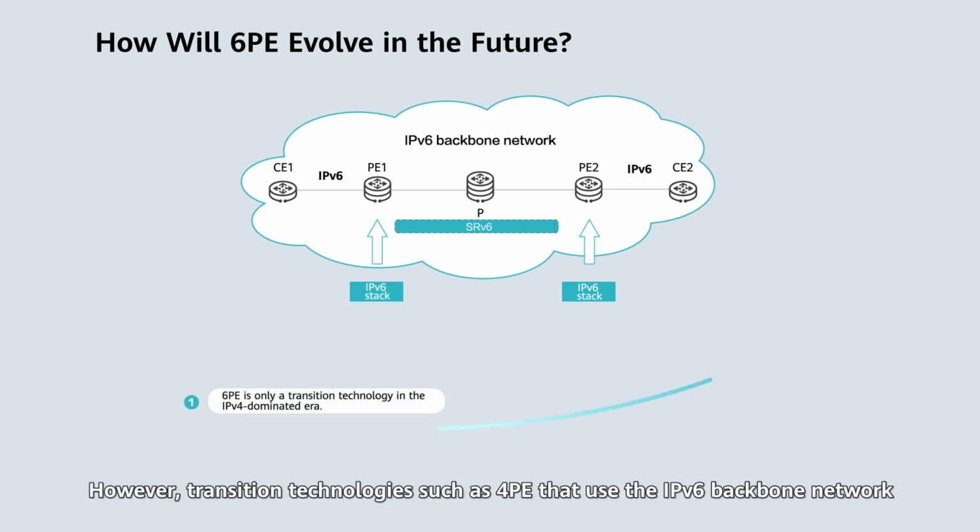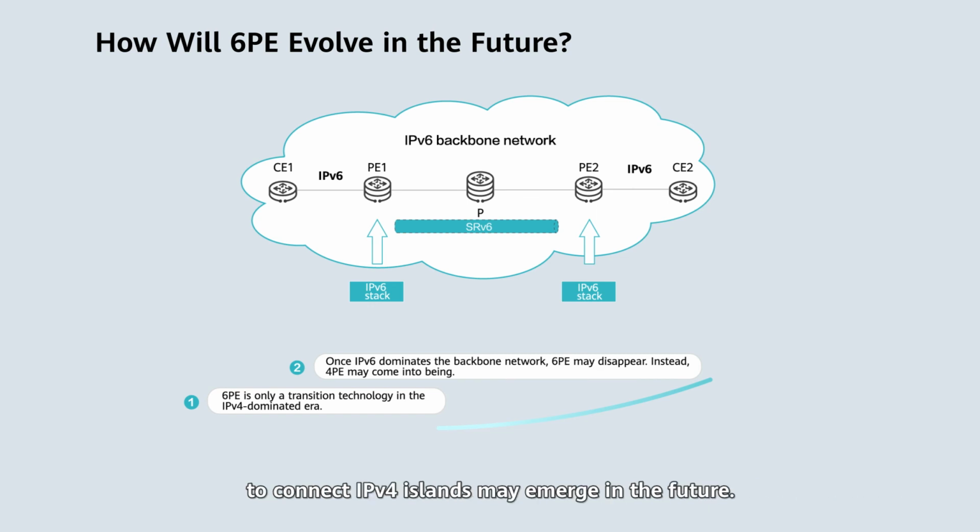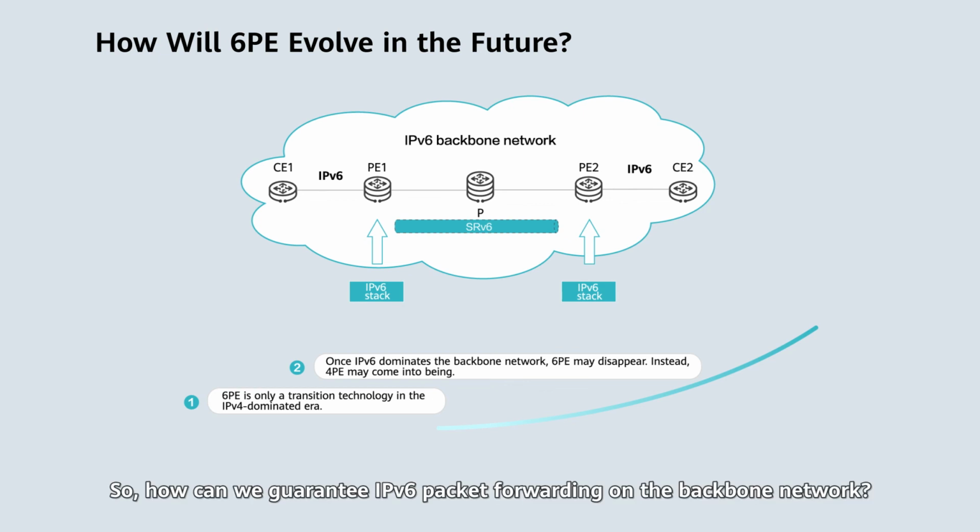However, transition technologies such as 4PE that use the IPv6 backbone network to connect IPv4 islands may emerge in the future. It's difficult to say what will eventually happen. Although IPv6-only communication is simple, it lacks SLA assurance for traffic forwarding. So how can we guarantee IPv6 packet forwarding on the backbone network?